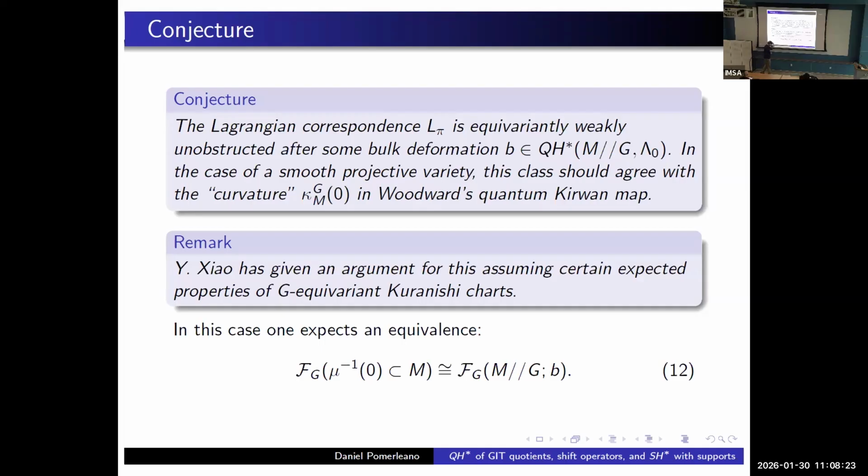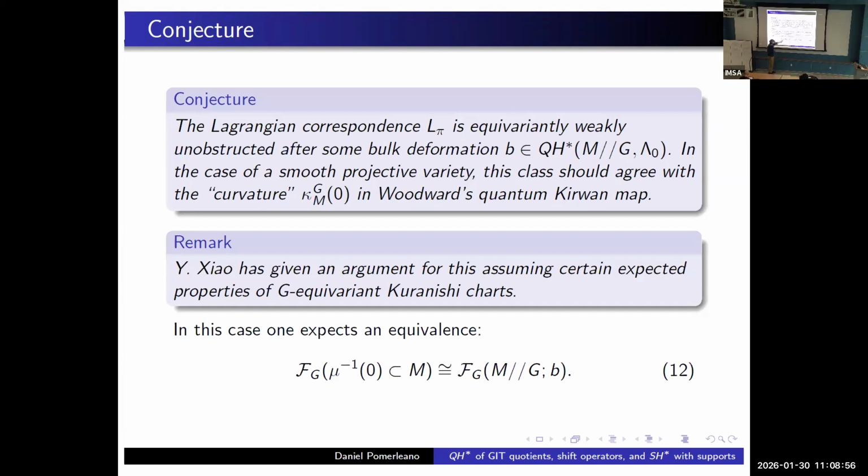And then Fukaya's student has explained how this should work under certain expected properties that haven't been written down for G-equivariant Kuranishi charts. But this is still a foundational piece that's missing. But if that's the case, then what I said before was about one Lagrangian at a time.